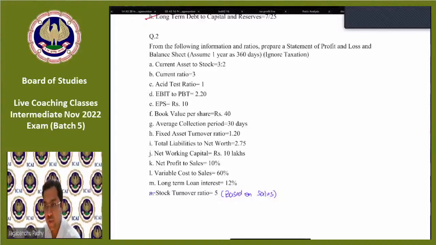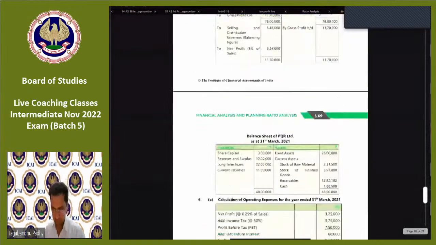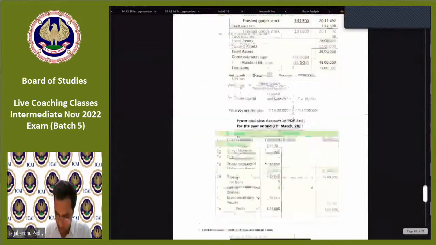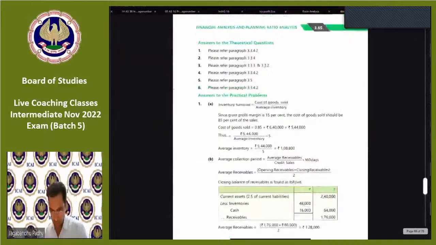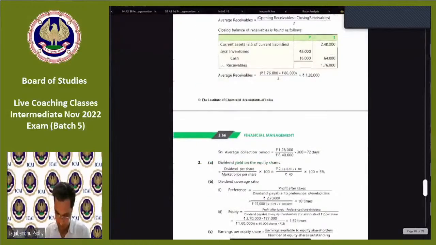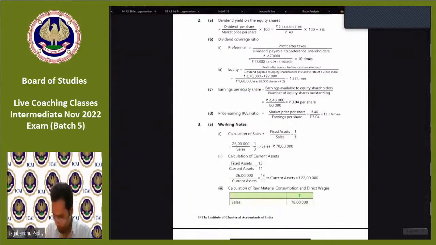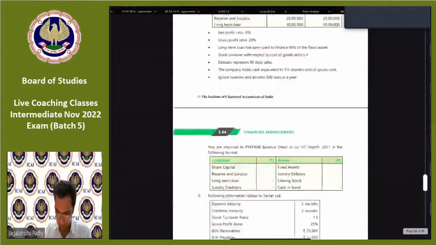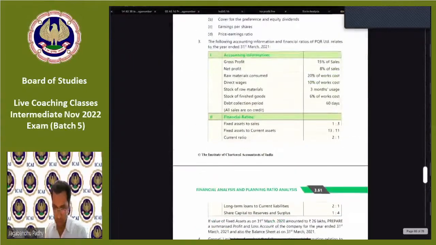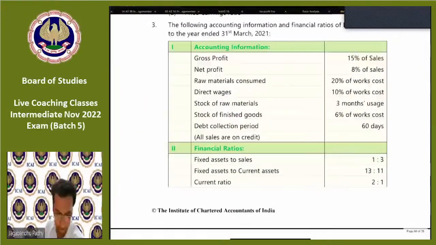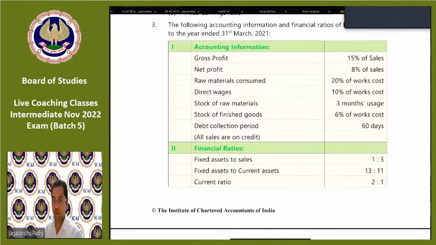Okay, so question 3 from module A is what Viral is asking for. Question 3. This one? Test your knowledge, question 3. Okay, fine.